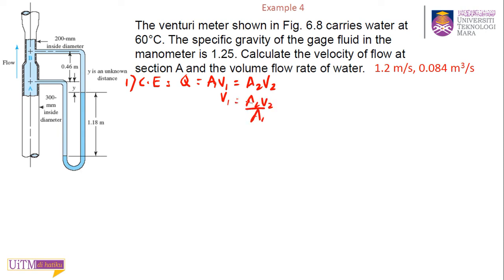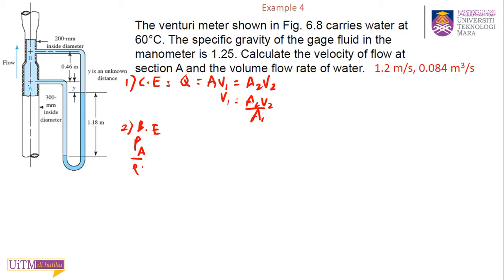Okay. And next is your Bernoulli equation, point A and point B. So this is your point of interest. Dia nak cari point A. So you have another point B. So that's your two points of interest.